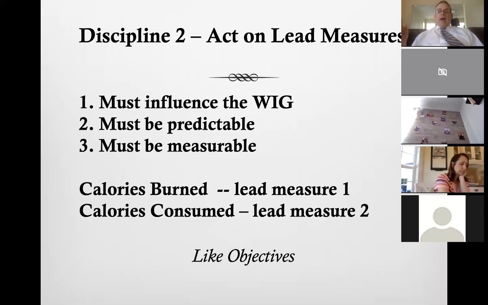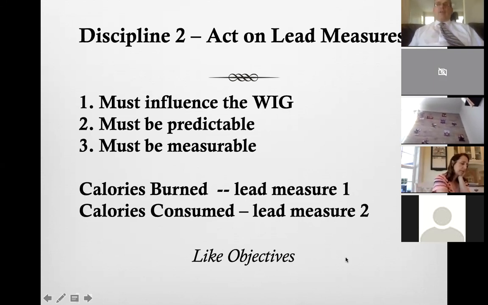So I need to find 2, maybe 3 things that will influence the lag measure, weight loss, and we call those lead measures. Lead measures must be these 3 things. They must influence the WIG, they must be predictable, and they must be measurable. This is an easy example because we know that in weight loss, there's typically 2 things that we can control, that we can predict, that we can measure.